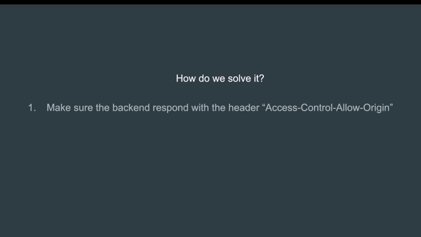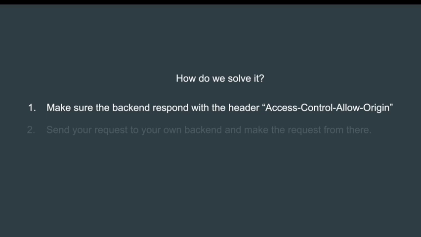What you need to do is go to the backend and make sure that you include the Access-Control-Allow-Origin header. You can use the asterisk, that lets everyone access your server resources. If you want to be more restrictive, you can specify the domain from where the web page is served.